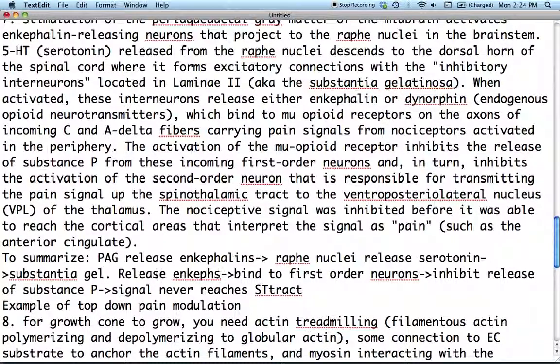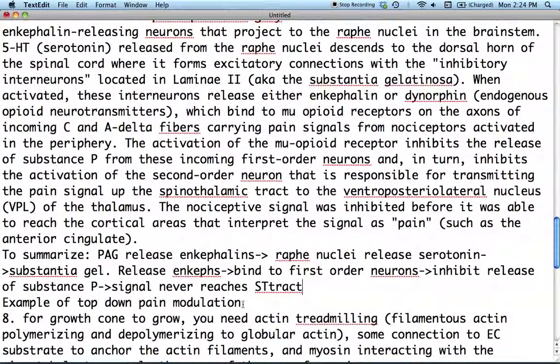But what happens is these enkephalins that are being released are going to bind to receptors on the first-order neurons that are going to inhibit the release of substance P, and so that signal is never going to cross, or it's going to be inhibited. So that's an example of top-down pain modulation, because something coming from your brain, initially from the periaqueductal gray matter, is influencing pain signals coming back up the spinal cord.